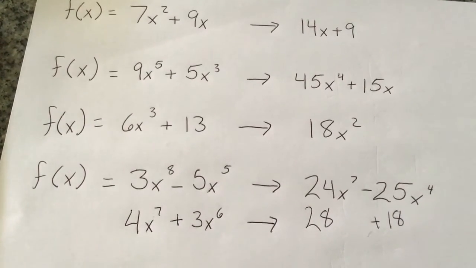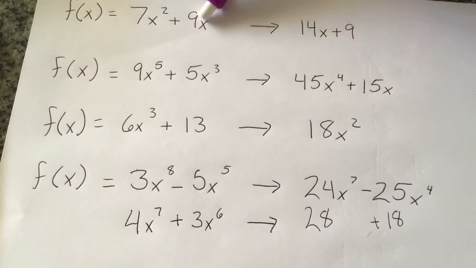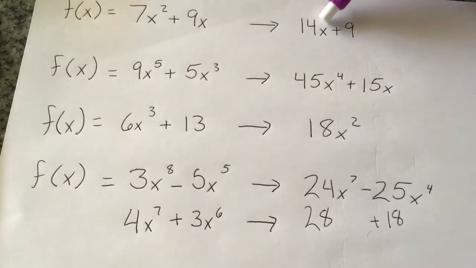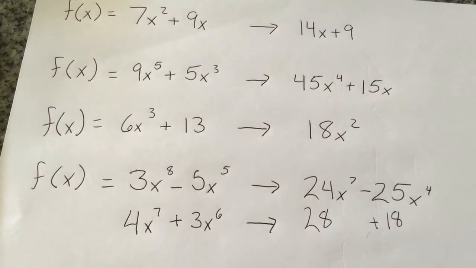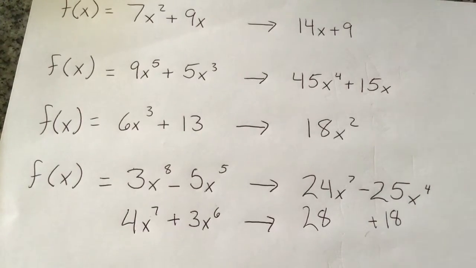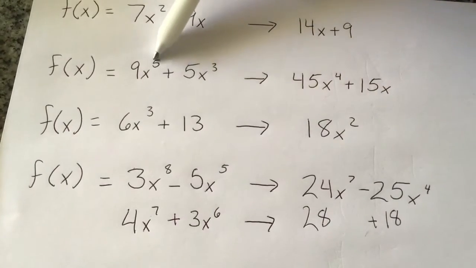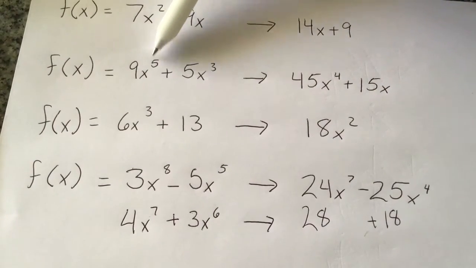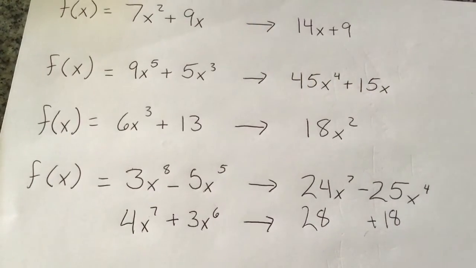Let's see how our variables changed. Right here we have x squared, and here we have an x to the first. Well, that turned into an x and nothing. Okay, maybe we can see a pattern there. Maybe we just lose the variable in the second one. I don't know. If we look at this next one, we have x to the fifth. It turns into x to the fourth. And then we have x to the third.